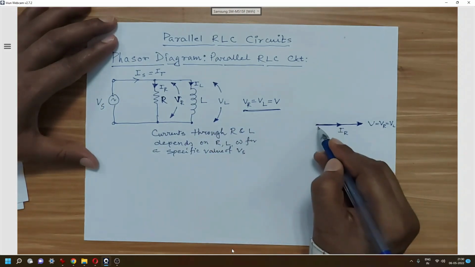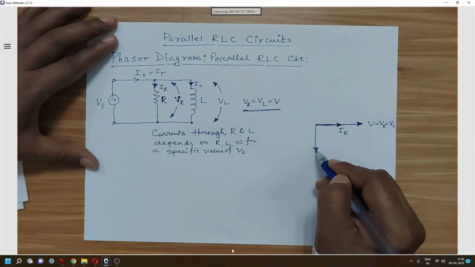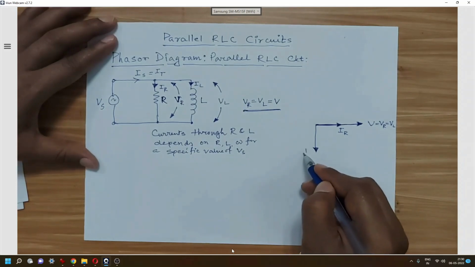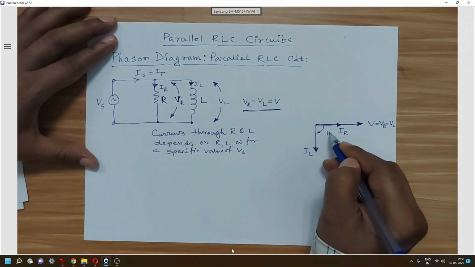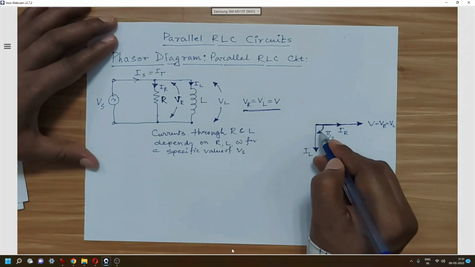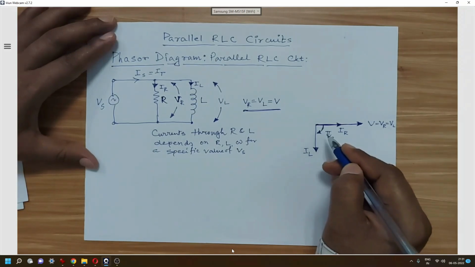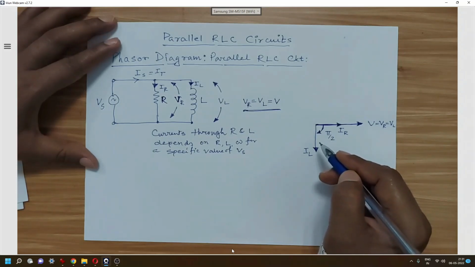So here we will draw one current, that is IL, and the phase displacement will be pi by 2 from the voltage, and it will be obtained after rotating in the clockwise direction, because clockwise rotation indicates the lagging condition.